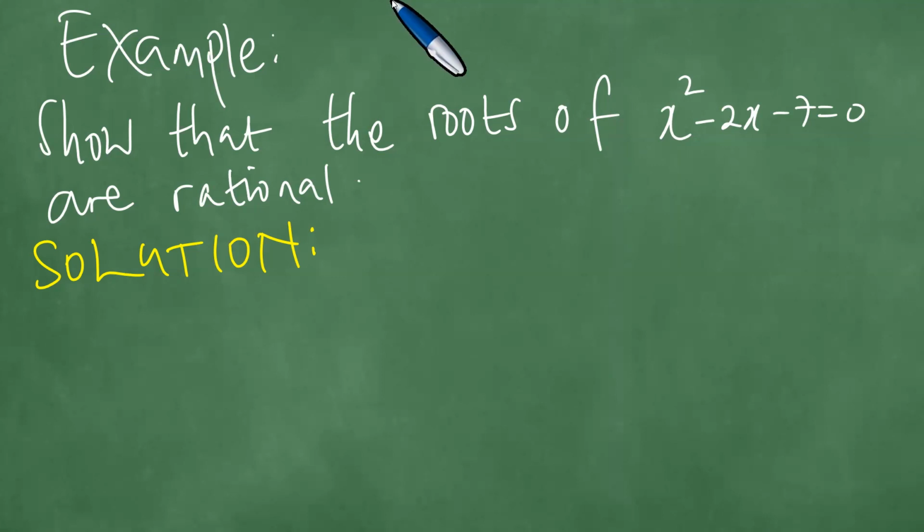I say we use the nature of roots. Yes, we use the nature of roots formula to show that the roots are rational, or to show that the roots are irrational.